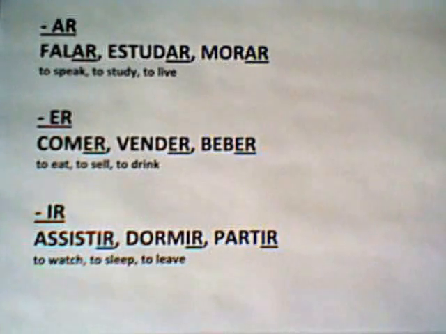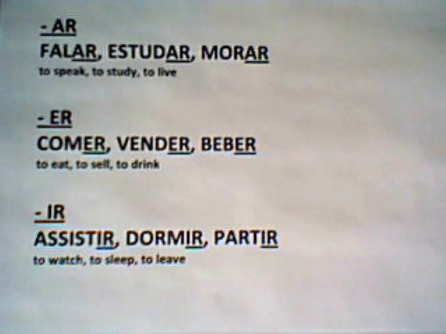I'd like to begin by pointing out that in Portuguese you have 3 main classes or types of verbs. Verbs that end in AR, like falar, estudar, morar. Verbs ending in ER, such as comer, vender, beber, and verbs ending in IR, such as assistir, dormir, and partir.